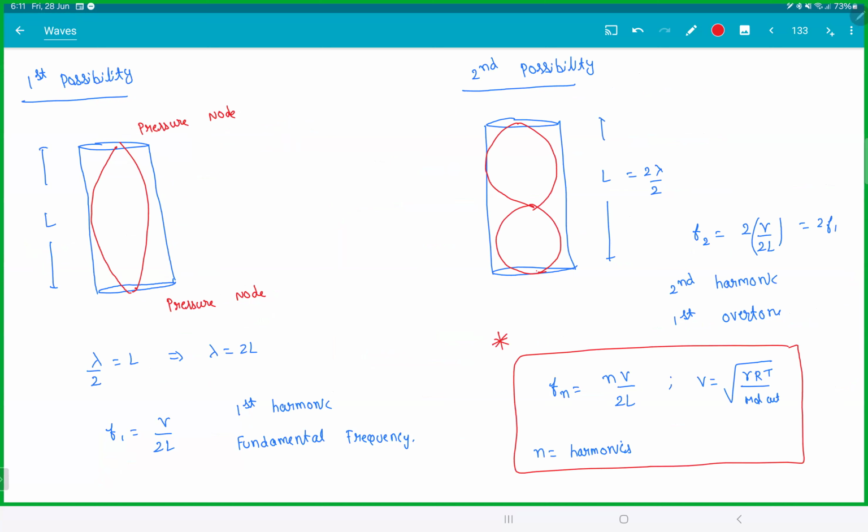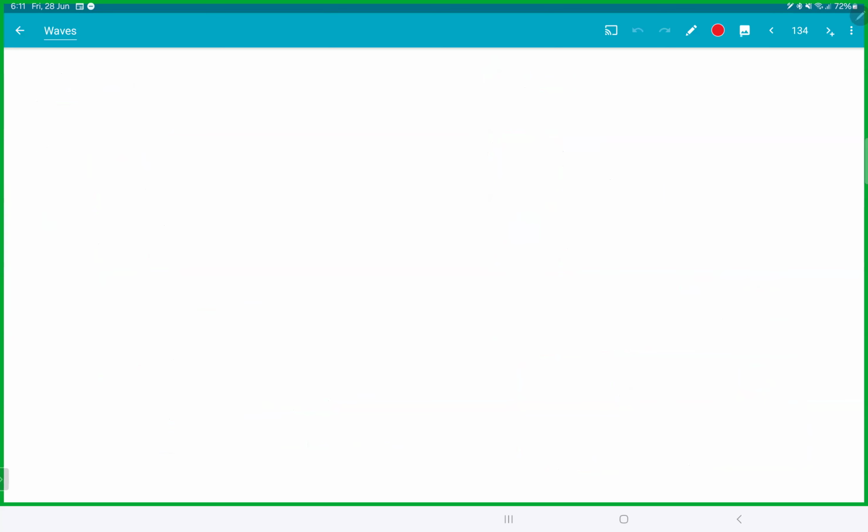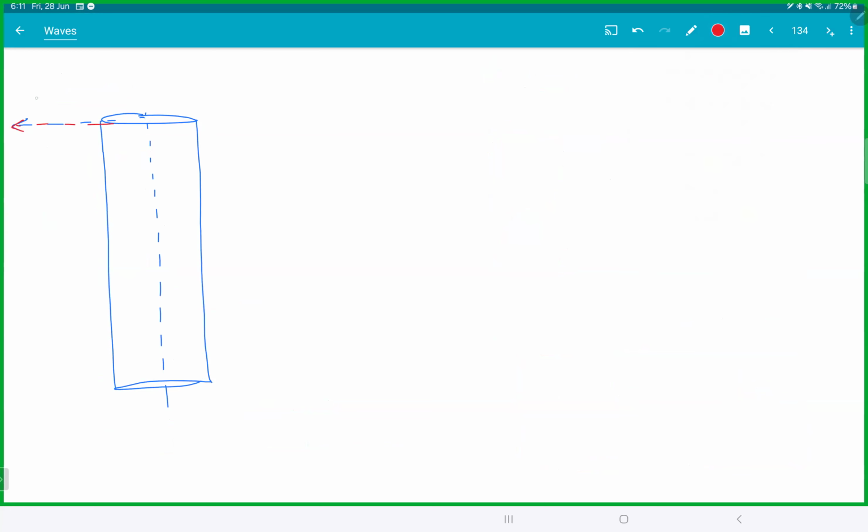Now remember, in the case of stationary waves, that loop indicated the different positions of the string. But here, what does this loop indicate exactly? Can I turn the page? Turn the page. So this loop indicates, this is actually a graph. You're plotting a graph between delta P versus x.